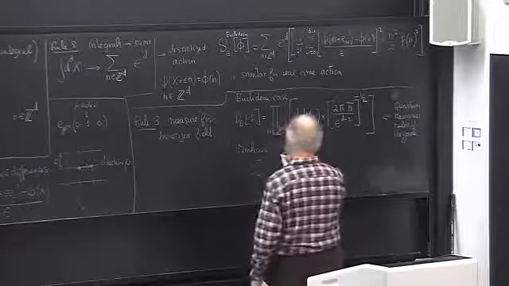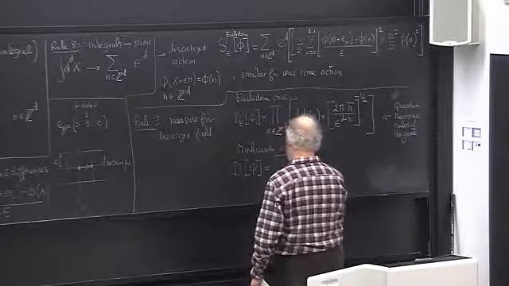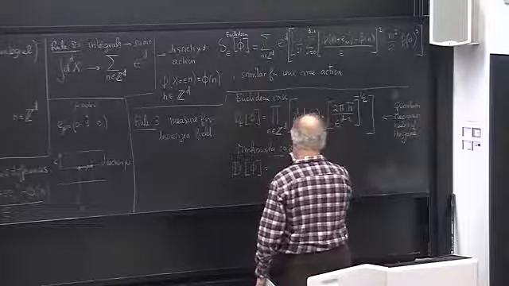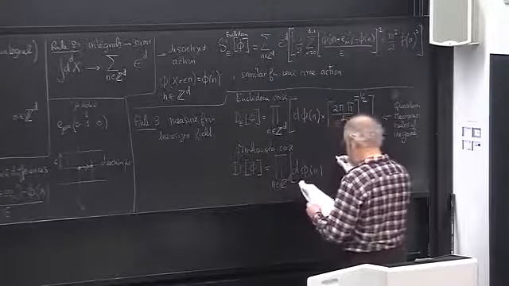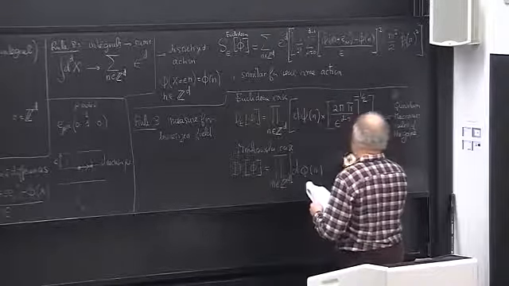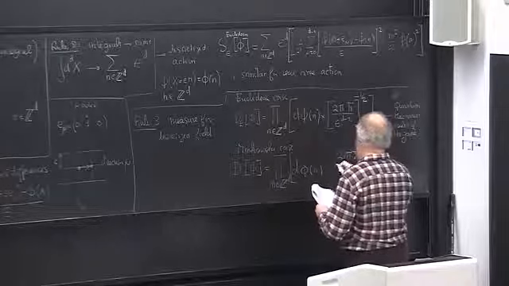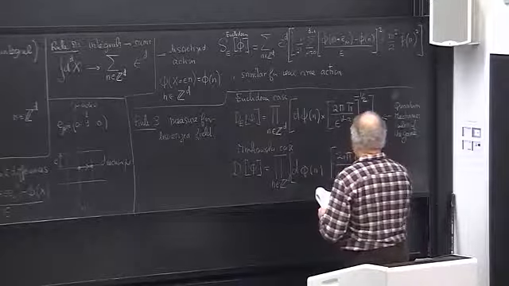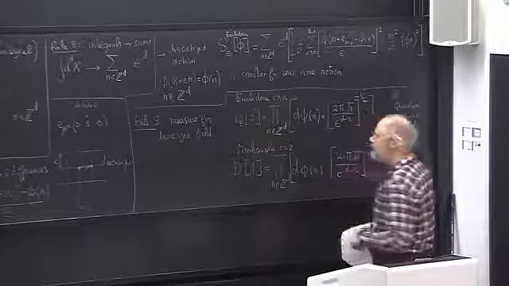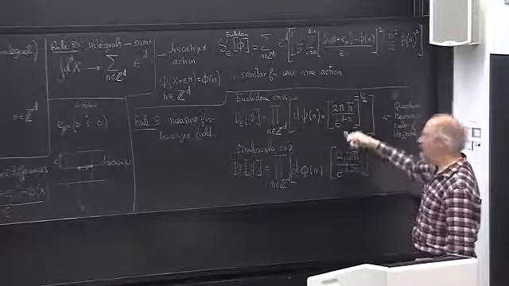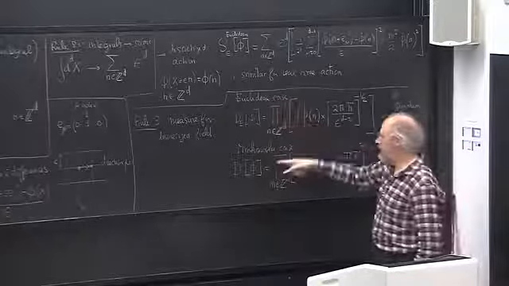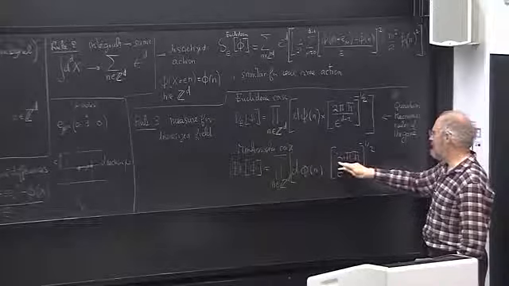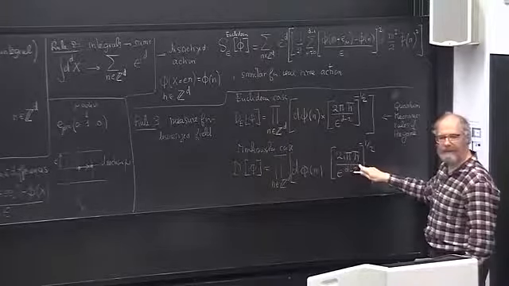So this is also a product over n belonging to Z to the power d, of d phi of n, and then you get 2 i pi h bar divided by epsilon to the d minus 2, to the power minus 1/2. So the difference between the Euclidean measure and the Minkowski measure is that here there is 2 pi h bar and here there is 2 i pi h bar.